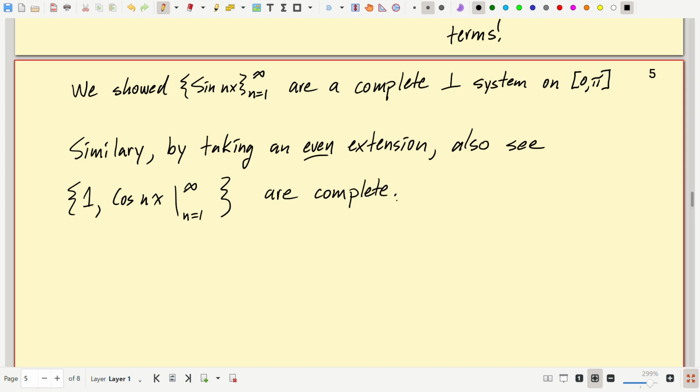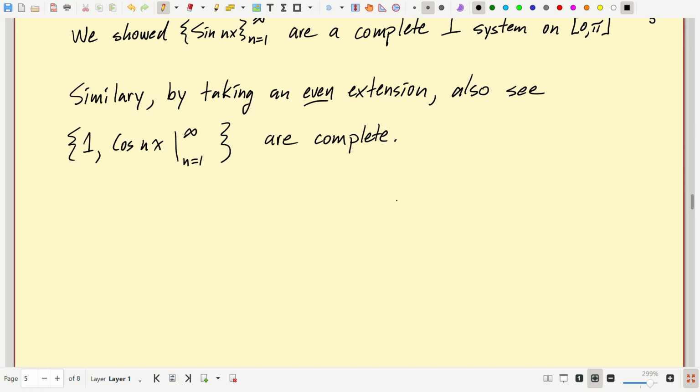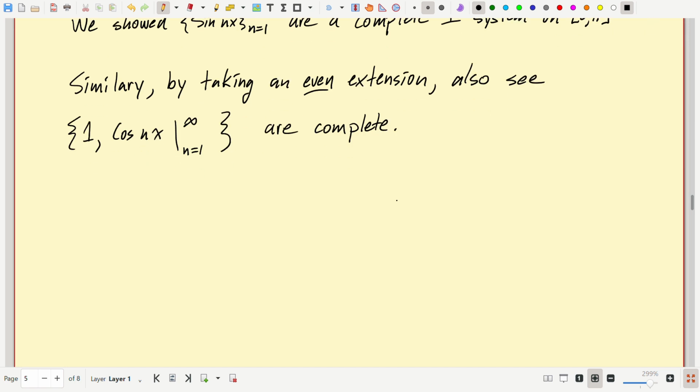Well, what can we do with this cosine (n plus a half)? Let's think about it.